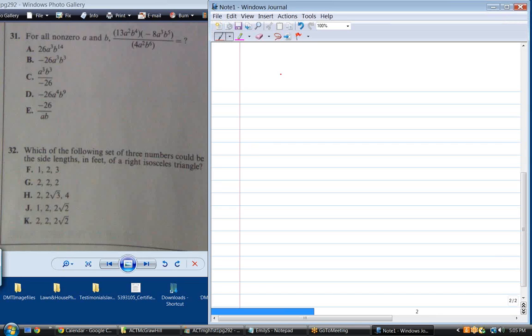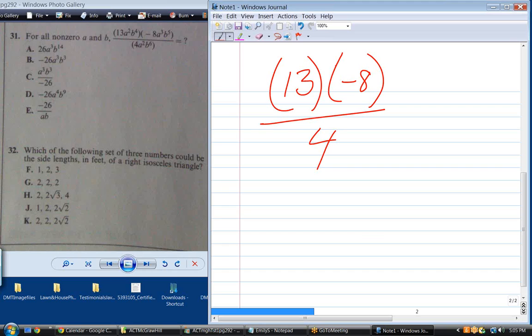In other words, the number is going to be 13 times negative 8 divided by 4. What number is that? 26. Positive or negative? Negative. Is it in the numerator or the denominator? Neither. It's its own number.